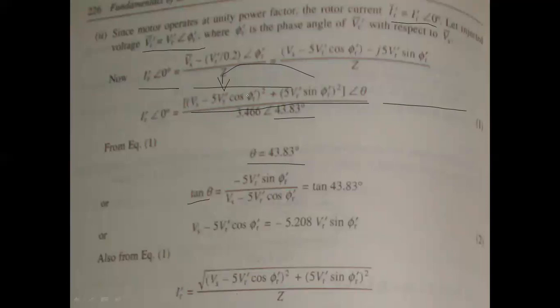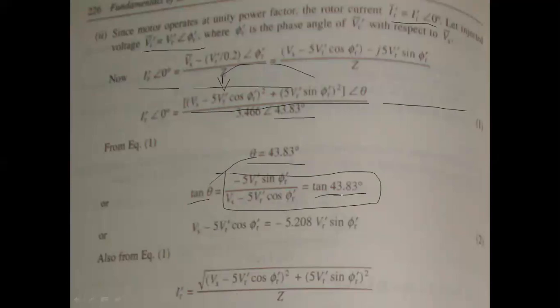So tan theta is equal to, substitute this formula. Okay, substitute this value, tan 43.83 degrees. By this you will get the equation. Okay, what is that equation? This value, tan 43.83, you will get one value.